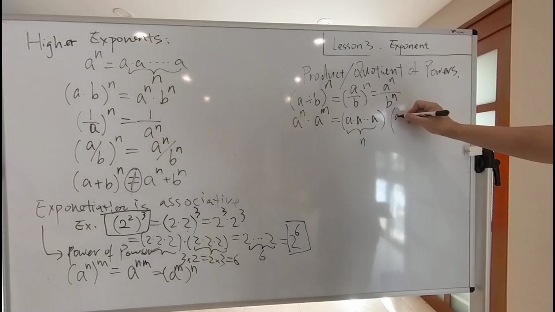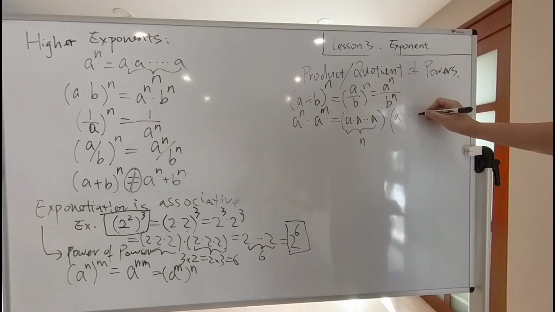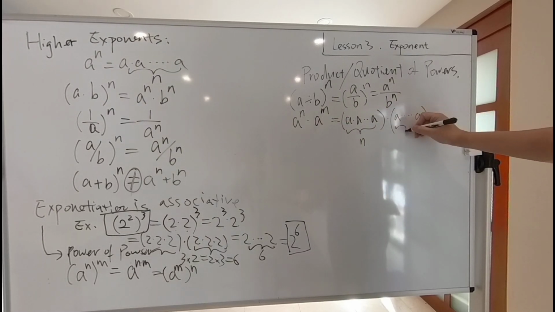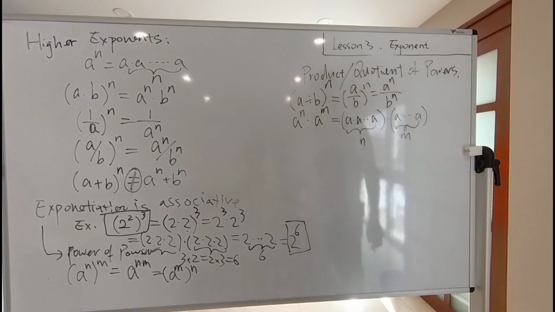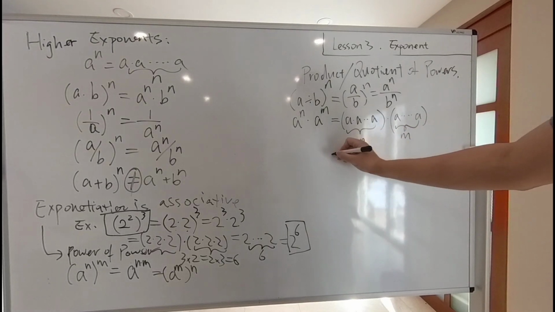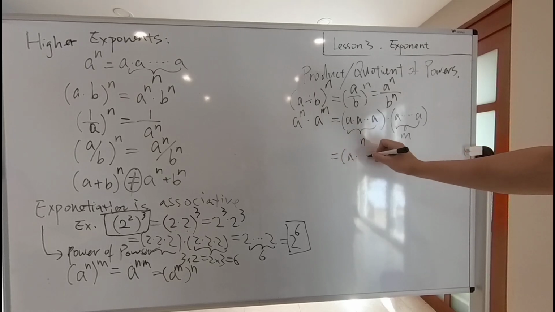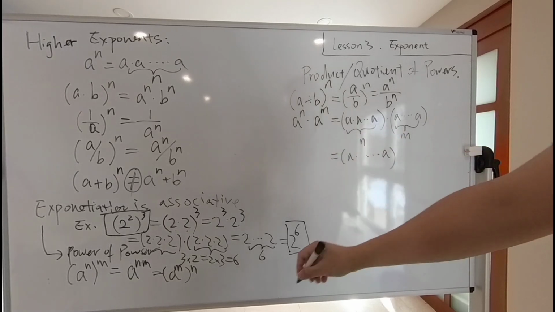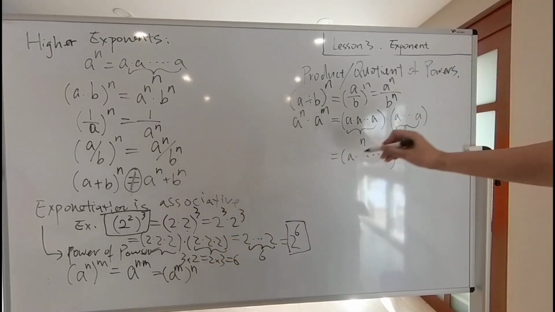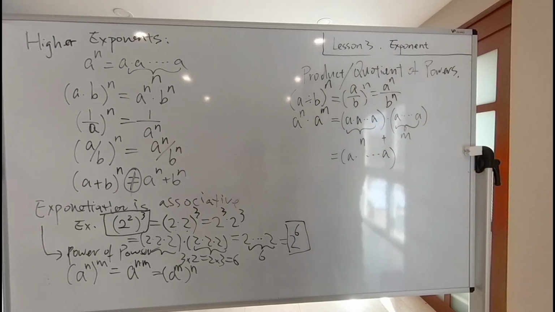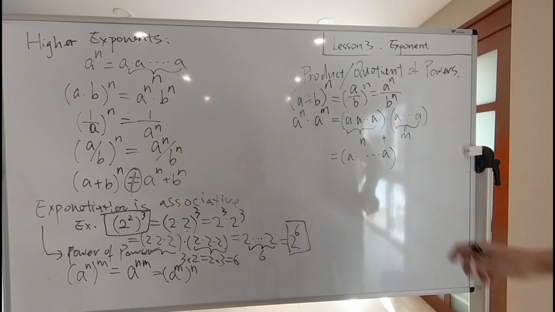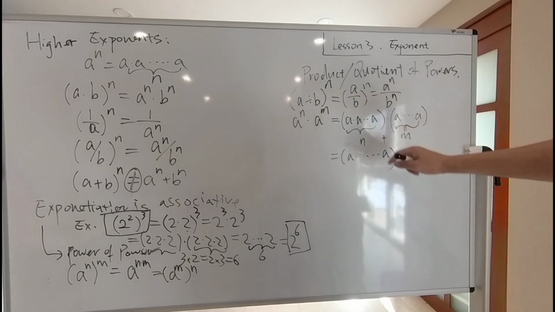And then similarly, the second term can be expanded as a times a, with m of them. And then altogether, how many a's? This time it's not a product, this time it's not multiplying, it's addition. The sum of the total counts of a.